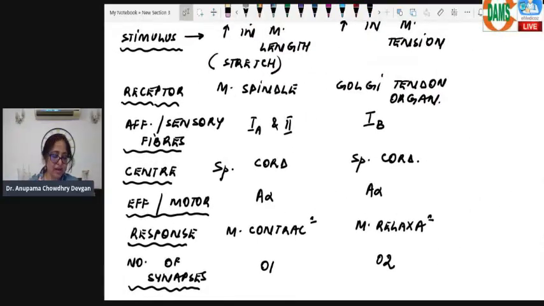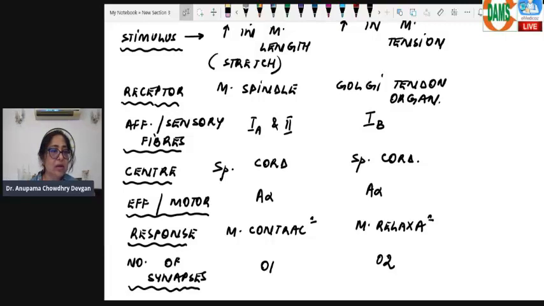Stimulus for the stretch reflex, increase in muscle length. Here it is an increase in muscle tension. The receptor for the stretch reflex is the muscle spindle. For the inverse stretch reflex, the receptor is the Golgi tendon organ. Afferent or sensory fibers of the stretch reflex are 1A and 2.